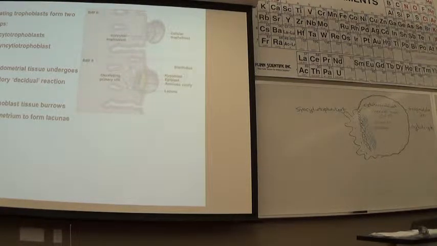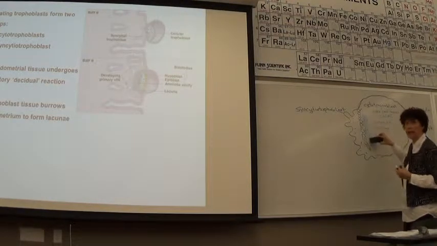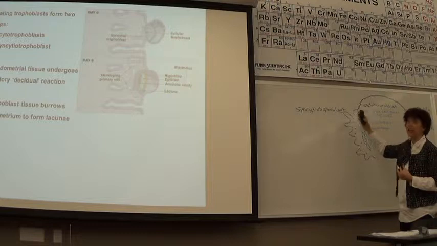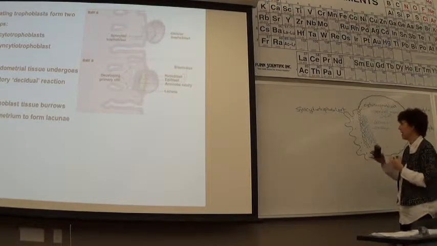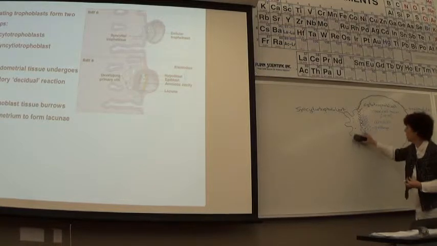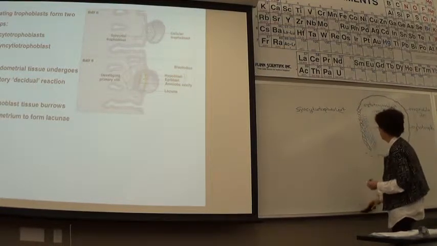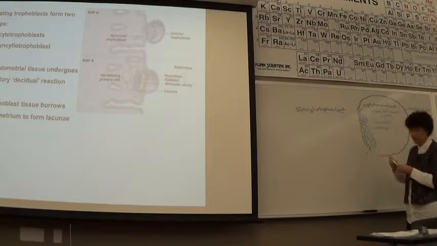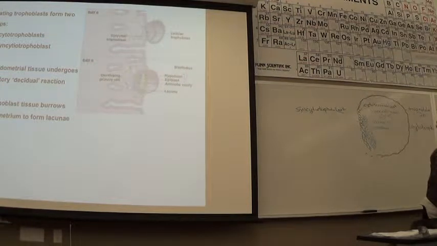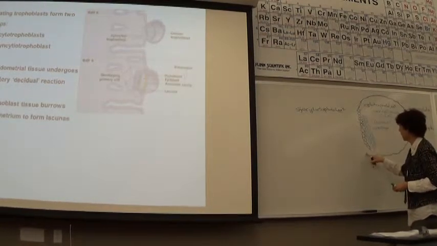The syncytial trophoblasts continue to form as the cytotrophoblastic cells multiply. They are added to the syncytium, and so it just gets more and more developed. And so more syncytial trophoblasts form around the embryo, but again, they're always most developed deep to this tissue, deep to the inner cell mass.